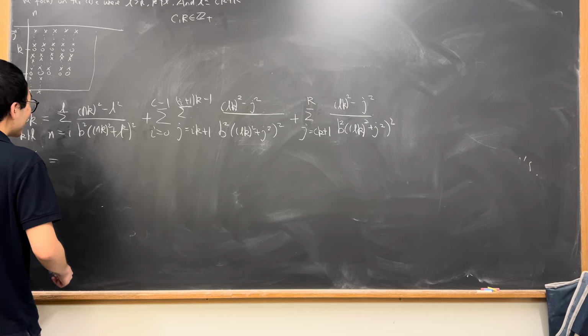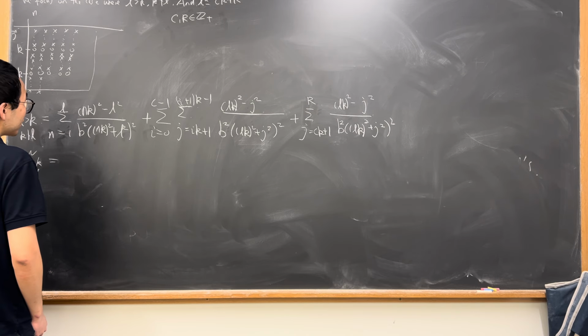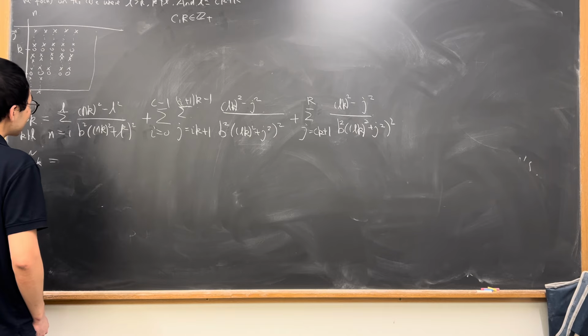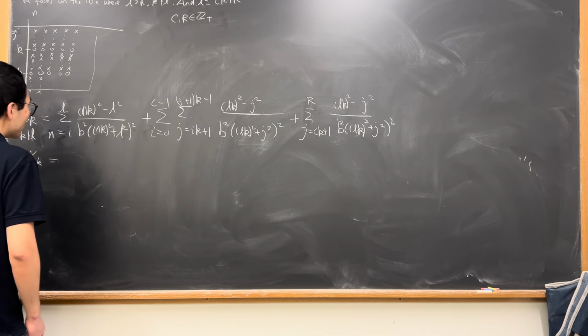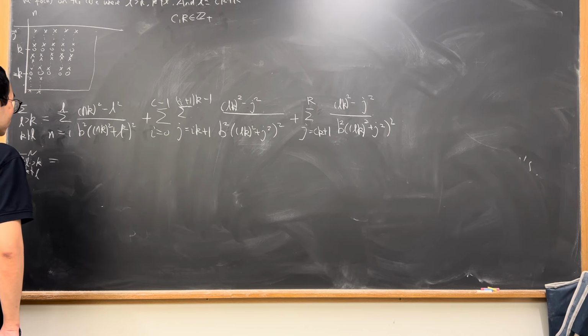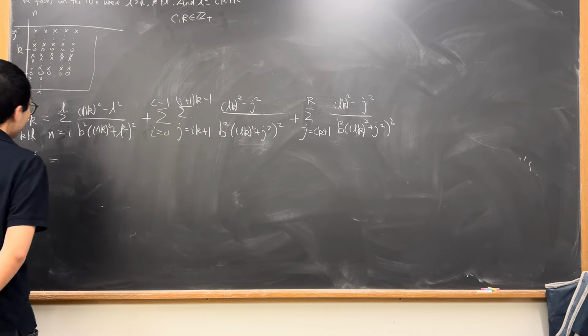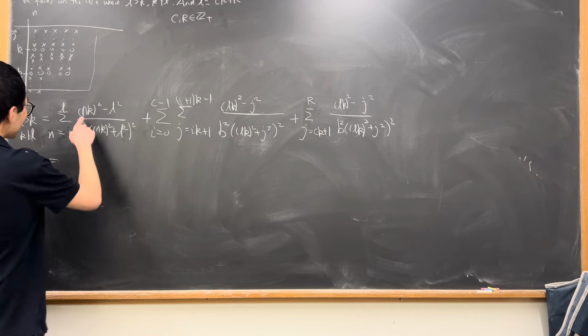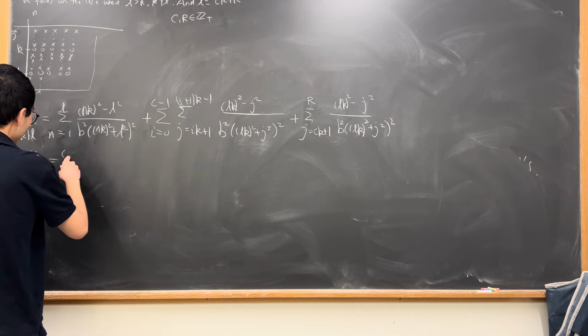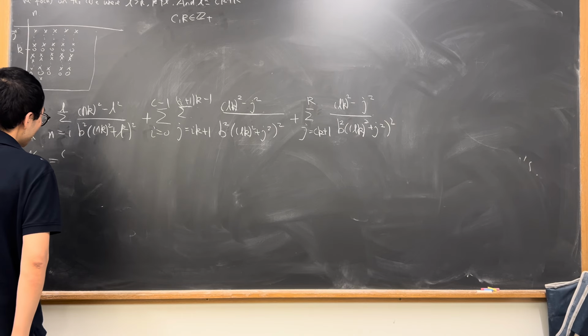So for this one, we are summing over the n here. So n is being summed from 1 to L, right? So when n is summed from 1 to L, we want to use the formula for the sums.